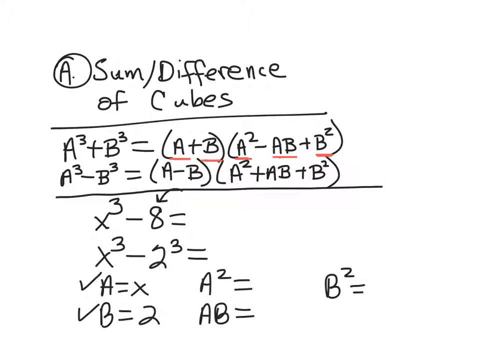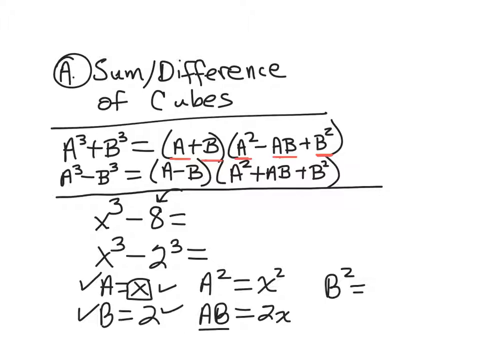A squared is going to be x times x, or x squared. AB is going to be a times b, which is x times 2, or 2x.